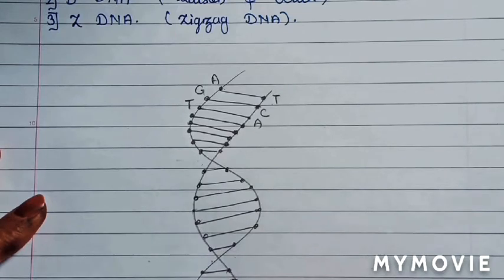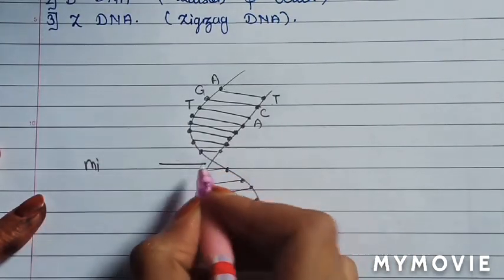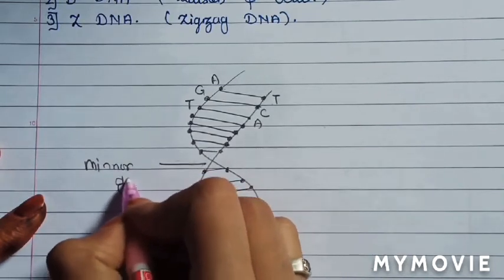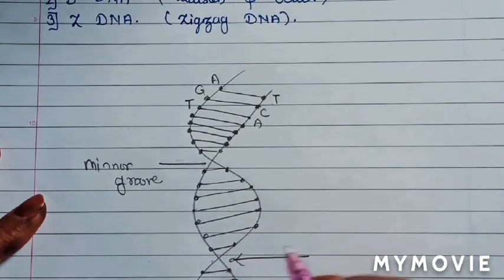We have seen that adenine and thymine have two hydrogen bonds. There were two positions where the hydrogen bonds are formed, and in case of guanine and cytosine there were three positions where the hydrogen bonds are formed. So we will write here: the narrow structure is a minor groove and this broad structure is a major groove.